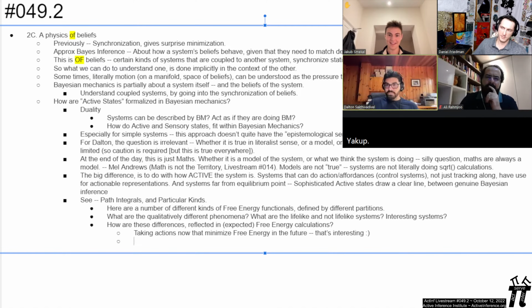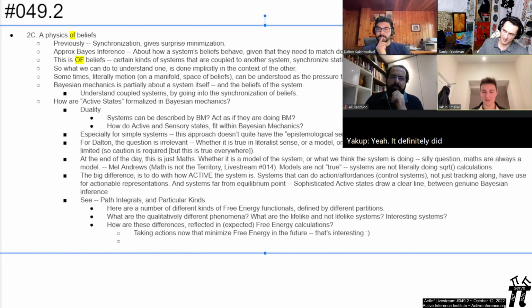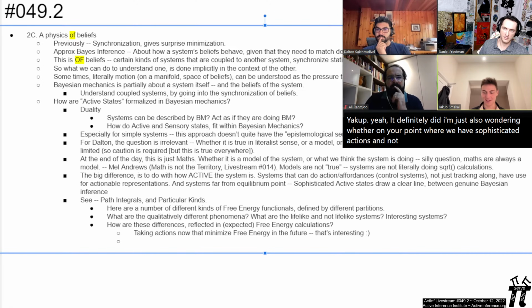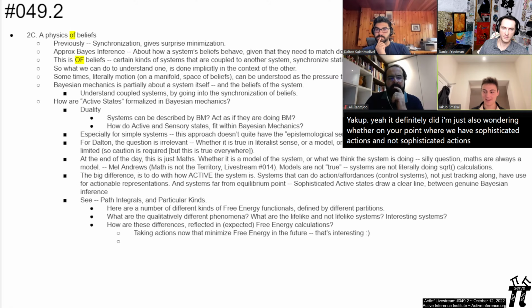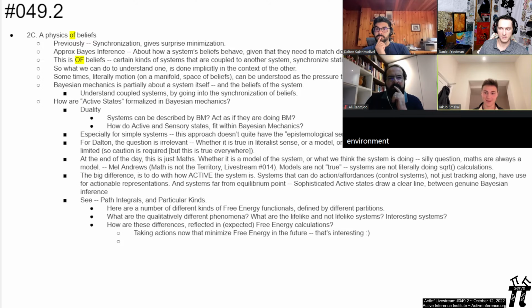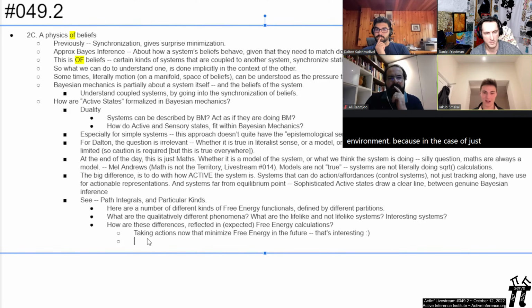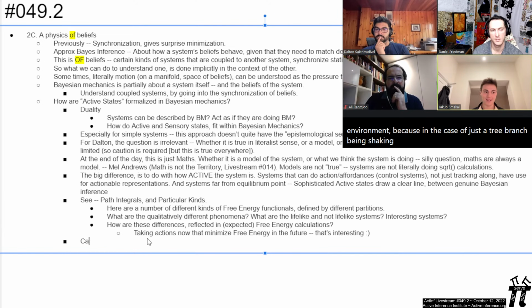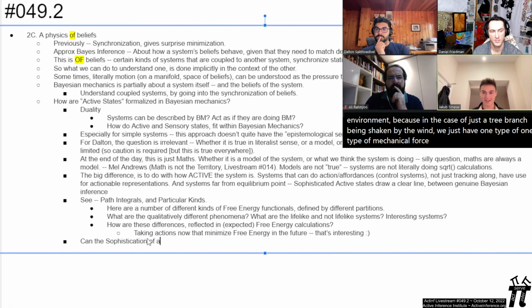Jakob: Yeah, it definitely did. I'm just also wondering whether, on your point where we have sophisticated actions and not sophisticated actions, that could also be a consequence of the complexity of the environment. Because in the case of just a tree branch being shaken by the wind, we just have one type of mechanical force that the tree branch is synchronizing to.